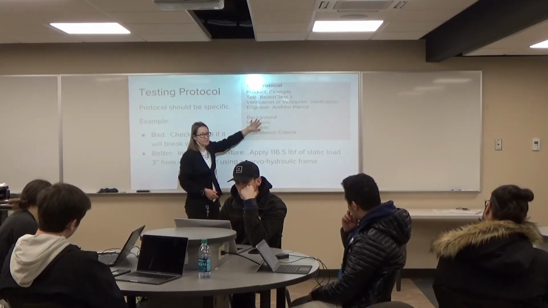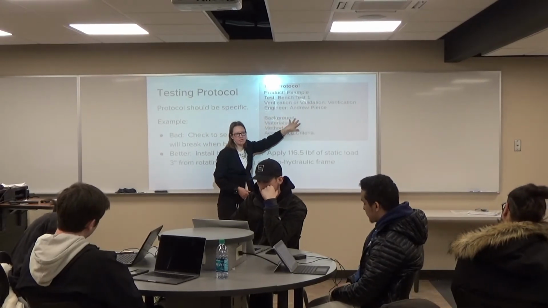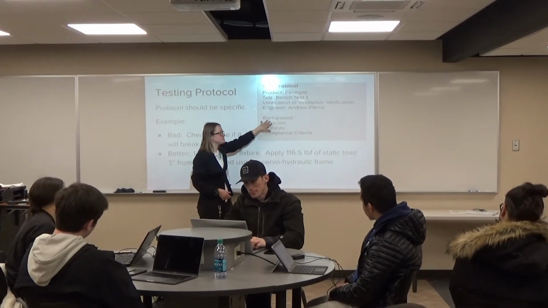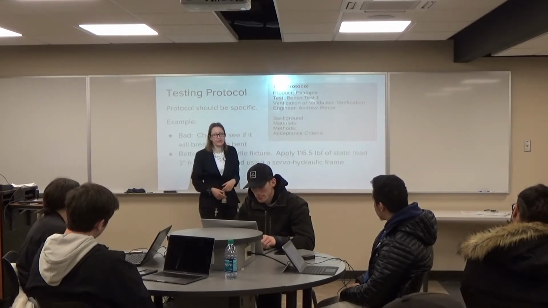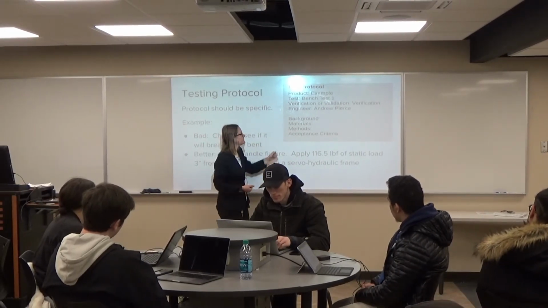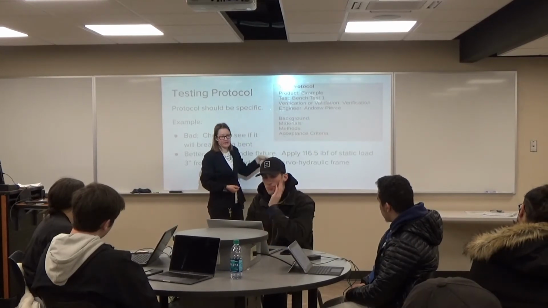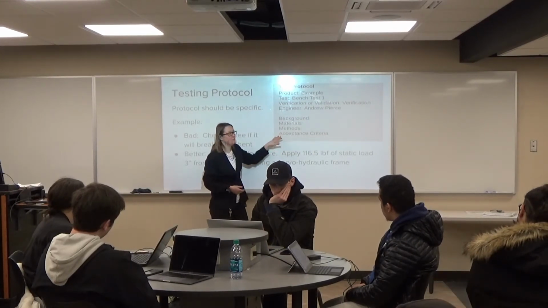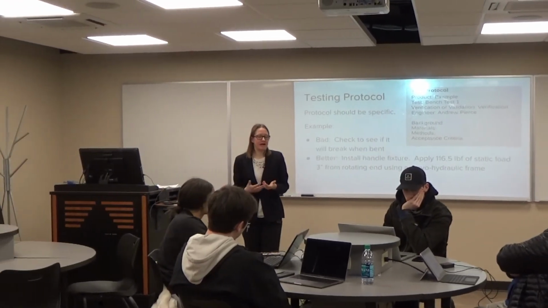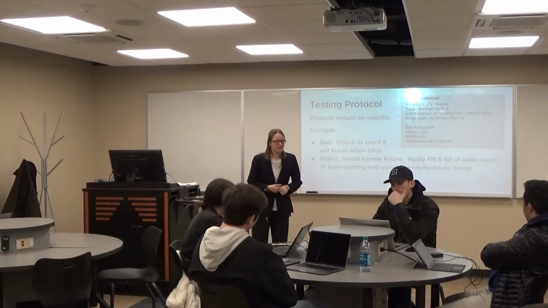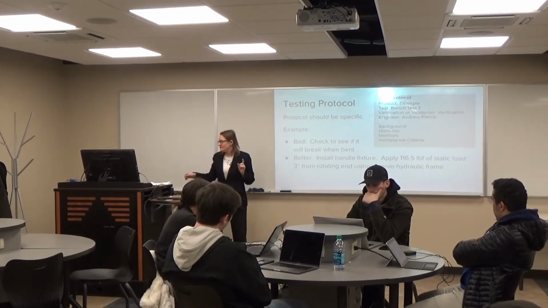Maybe you need some background material, maybe you don't. Maybe there's a formula you need or some reference material about where this test came from. What materials do you need to complete the test? How are you going to do it? What methods or procedure do you do? And then what is your acceptance criteria?